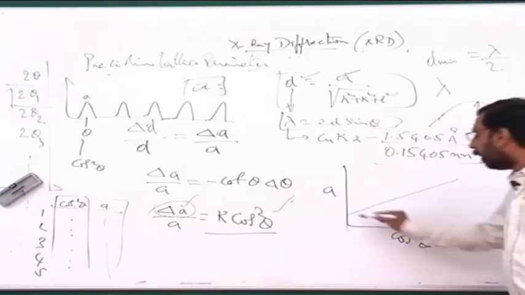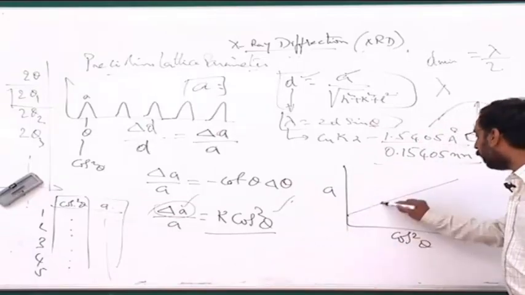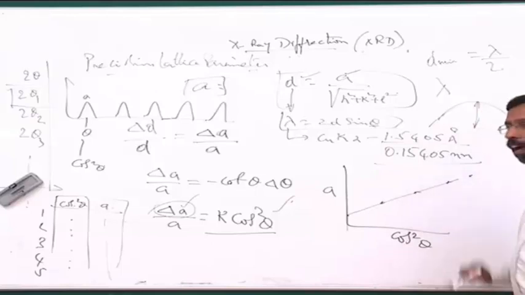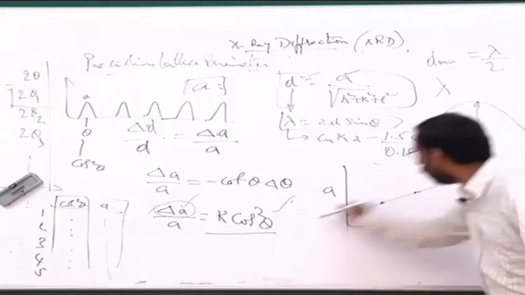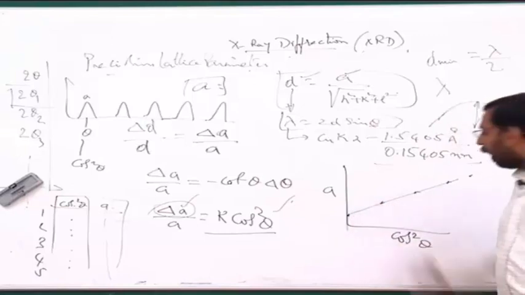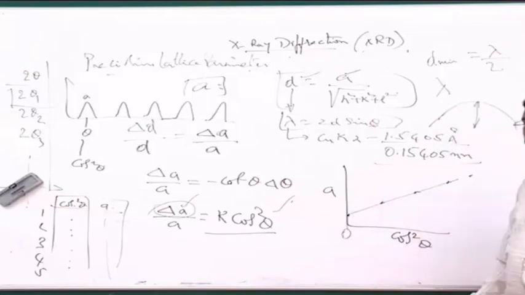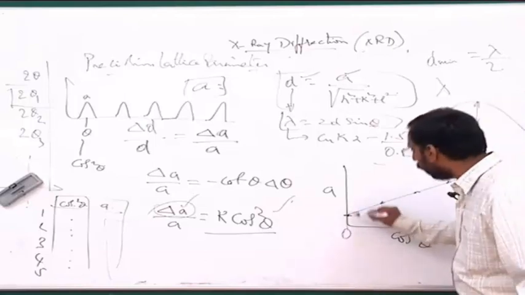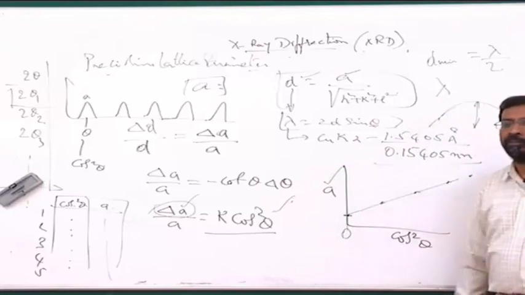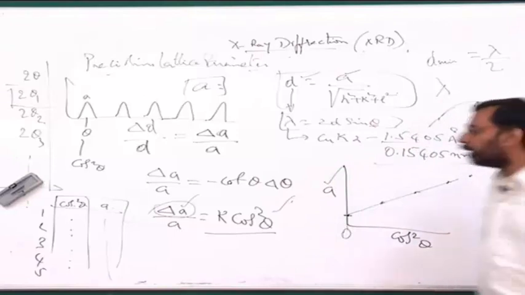Once I get certain points like this, I fit them with a least square fit, and extrapolate that particular line to where it intersects and where this is 0. And then whatever you read on the y-axis is the precise lattice parameter. And this is the method that is regularly used.